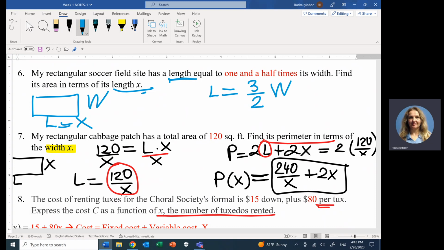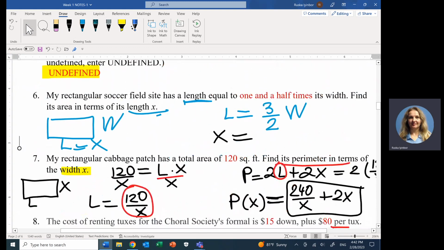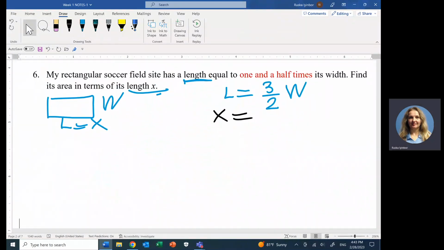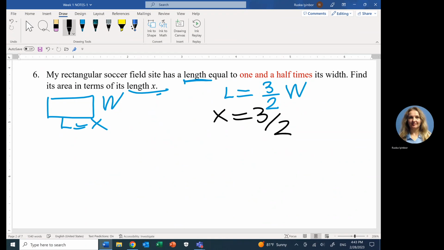Okay, so now I know the length is x, and I can find the width. Let me make a little more room here so I can write. So the x, because the length is x, equals 3/2 times the width.